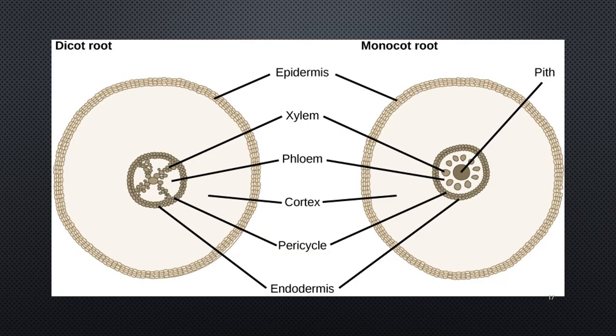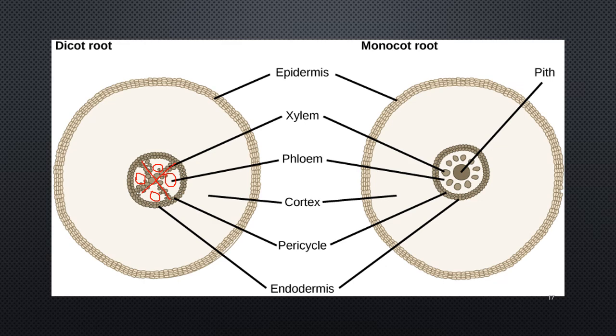So far we've been talking about dicot roots, and remember we said that if we did a cross section of a dicot root, we could tell that it was dicot or eudicot, sorry, because of this star or cross pattern. And remember that's going to be the xylem, and then we would have phloem in between like that. Okay, that's what we've been looking at this whole time. If we looked at a monocot root, the center would look very different.